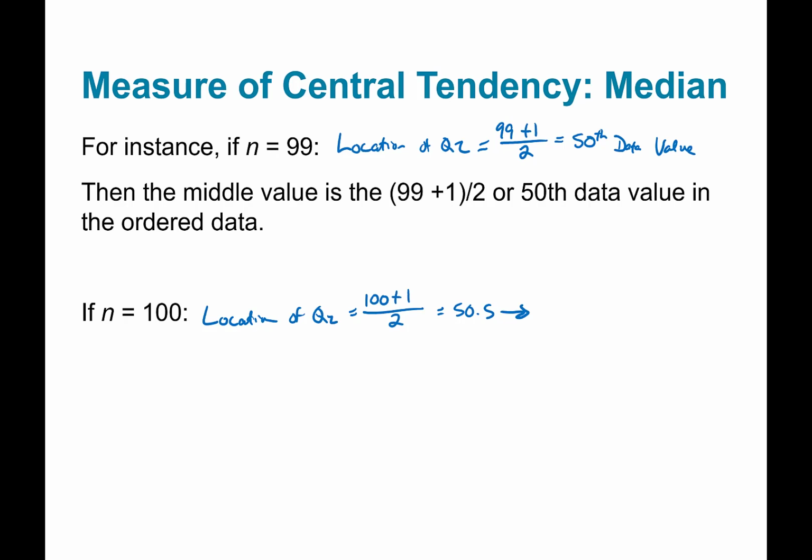So the two whole numbers closest to 50.5. Where is 50.5 in the middle of? In this case, it's the middle of the 50th data value and the 51st data value. So we find those two values and then find their midpoint or their average.